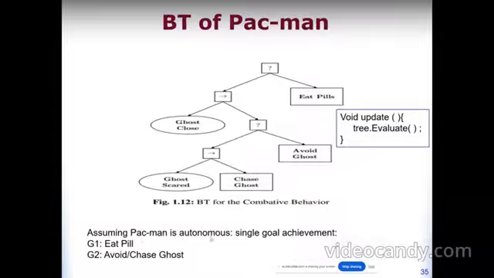We assume that Pac-Man is autonomous, so he's playing by himself, and he is achieving one goal in which he either eats a pellet, a pill so that he becomes stronger, or he is chasing or being chased by the ghost. Goal one is eat a pellet. The other goal is avoid or chase the ghost. And this is OR, a fallback, in which the tree evaluates and you do the rest.